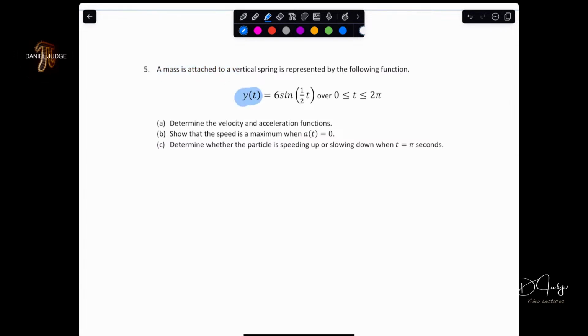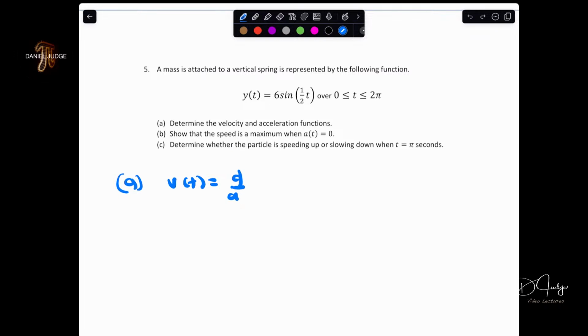So y, now, y of t. Just to show you guys, it doesn't matter if it's x or y. This is now vertically up and down. We could get a velocity function and acceleration. Let's do that here. So velocity here is the derivative of the position function.